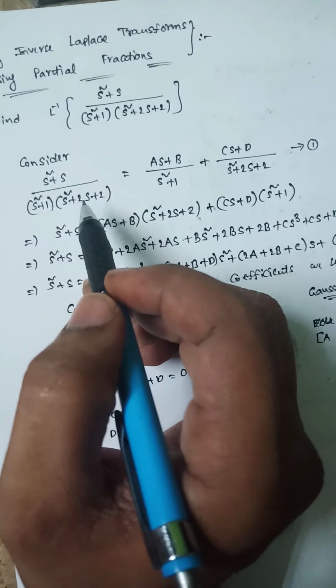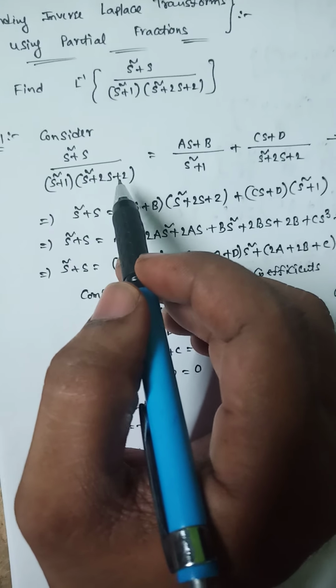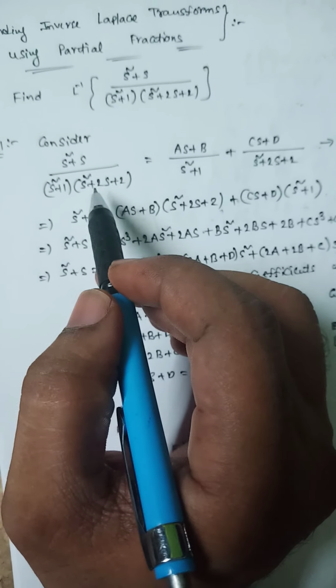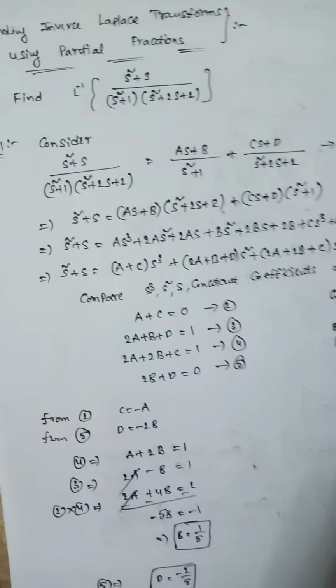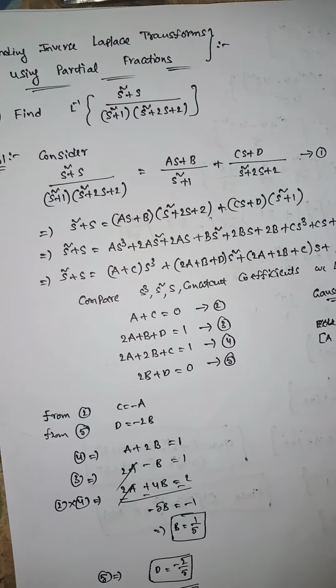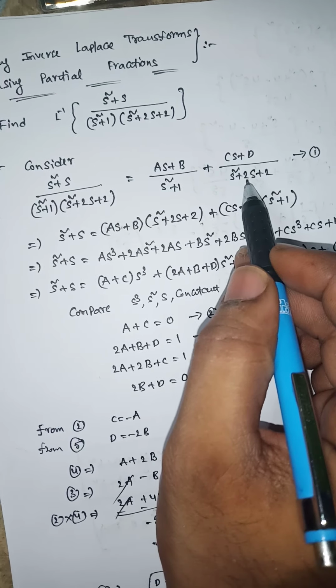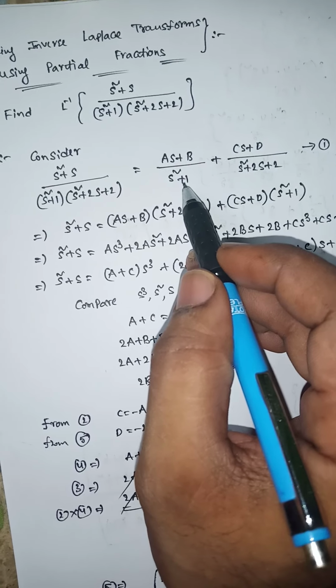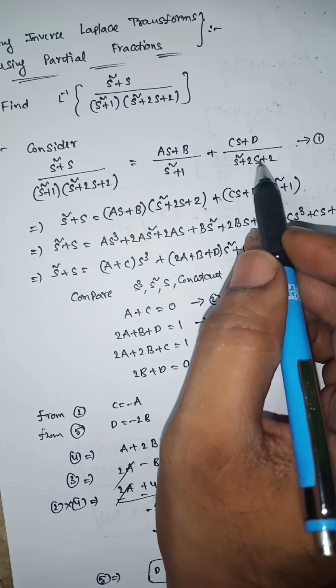You should have the knowledge regarding partial fractions. Two factors are there, s square plus 1 and s square plus 2s plus 2. Hence I am converting into two partial fractions, in which one is related to s square plus 1 and another one is related to s square plus 2s plus 2.